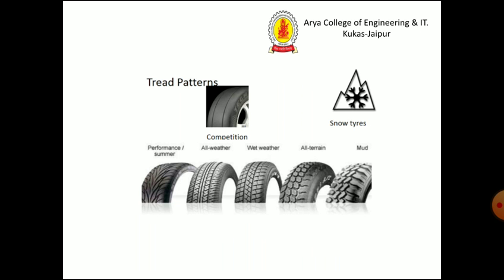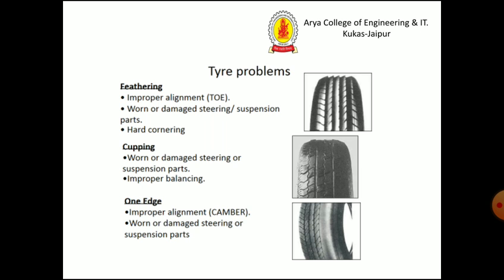There are also different tread patterns, which are basically designed for different weather conditions and road conditions. There are also several problems that occur in tires, like feathering. This is due to improper alignment, basically the toe, worn or damaged steering and suspension parts, and hard cornering.